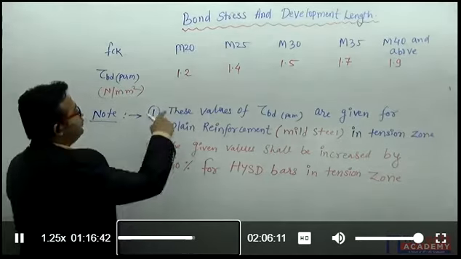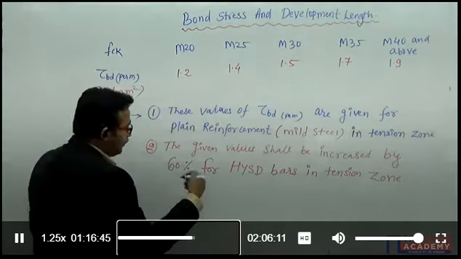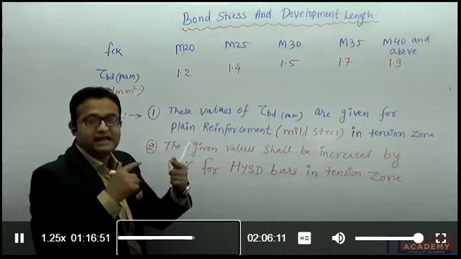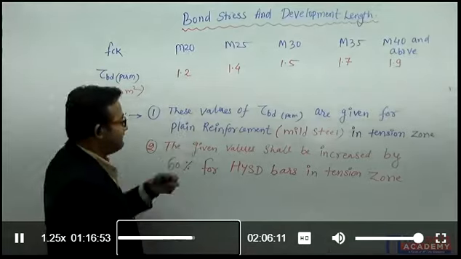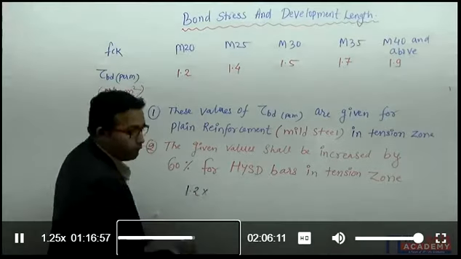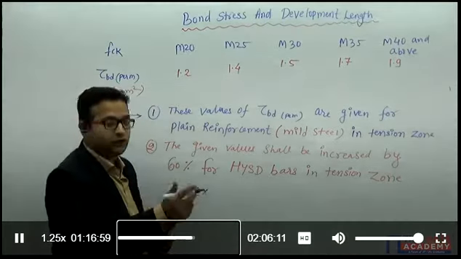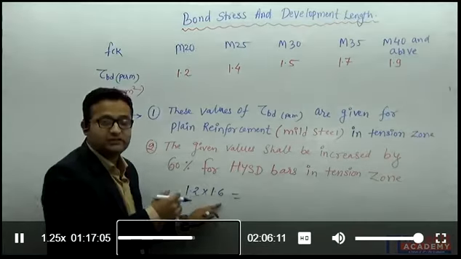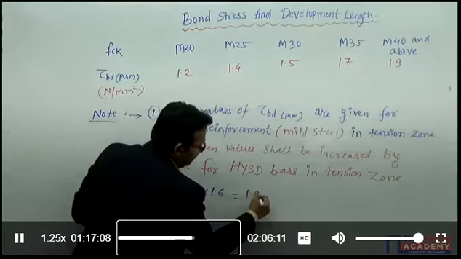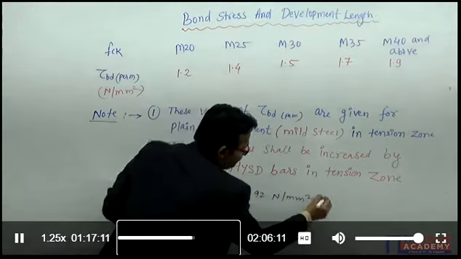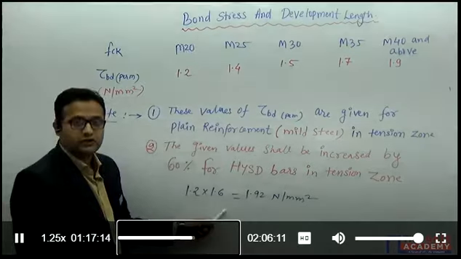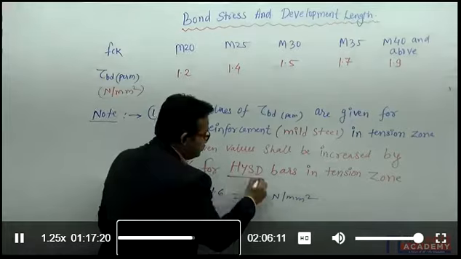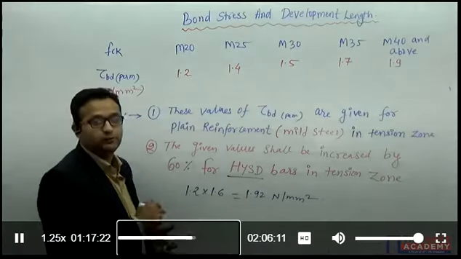Suppose I am talking about M20, right? So for M20 grade of concrete, if I am going to provide HYSD bars in the tension zone, the tau BD value will be 1.2 into 1.6, as I am going to increase the strength of the concrete by 60%. I will be getting the value 1.92 Newton per mm square. So this should be the bond strength of the concrete used if I am using HYSD bars in the tension zone.